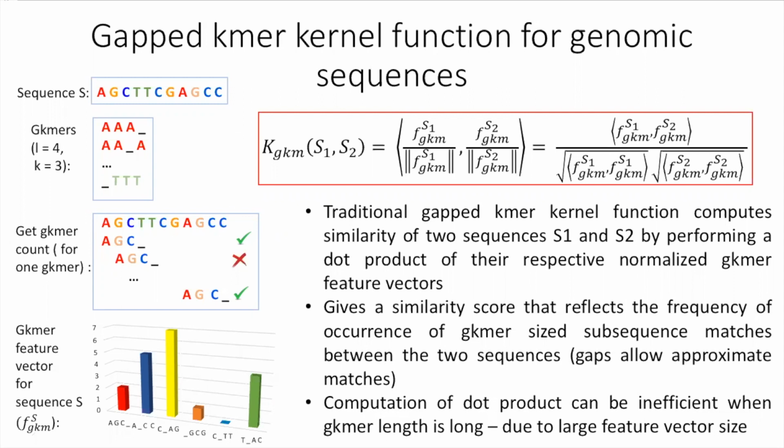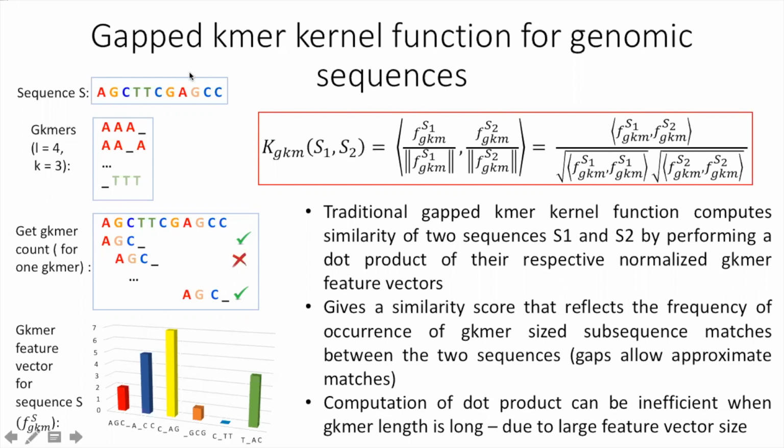One way to compute the similarity score is to find out how many subsequences they have in common, and that is the idea behind the gapped-Kamer kernel, which essentially generates a set of subsequences of a fixed size and finds out how many of each there is in any given sequence, yielding a feature vector that characterizes the genomic sequence.